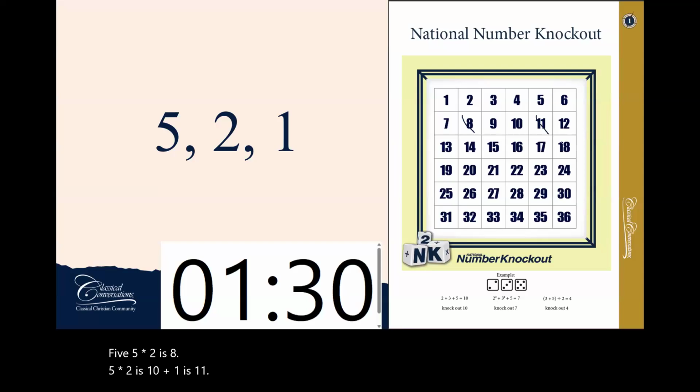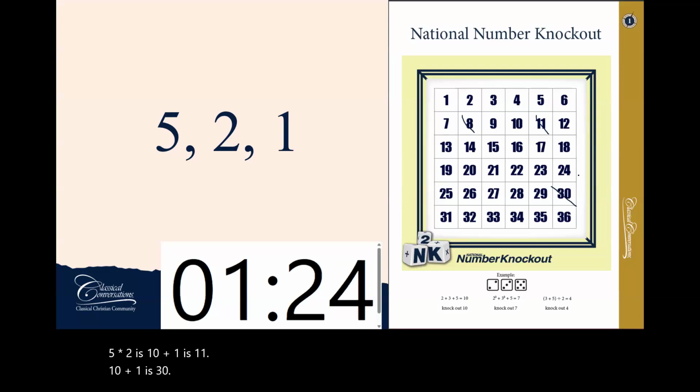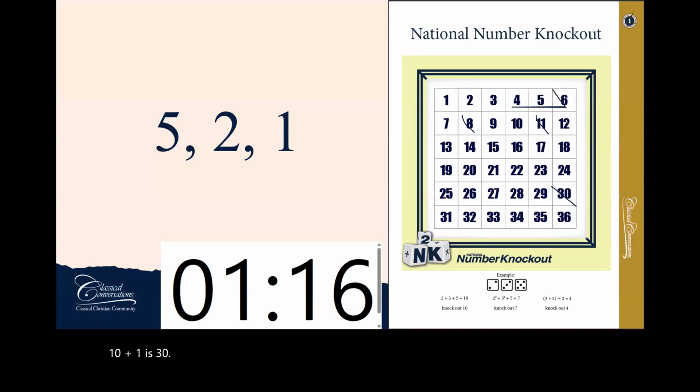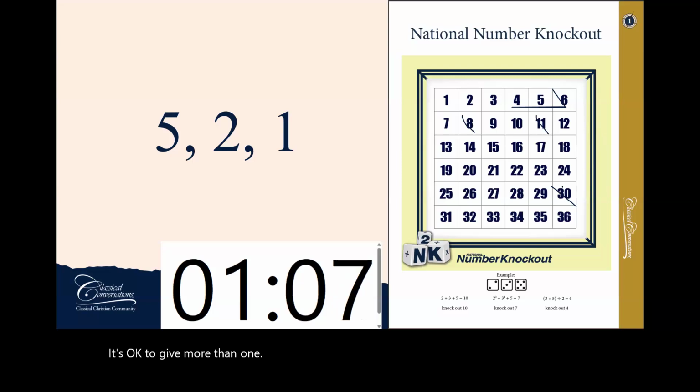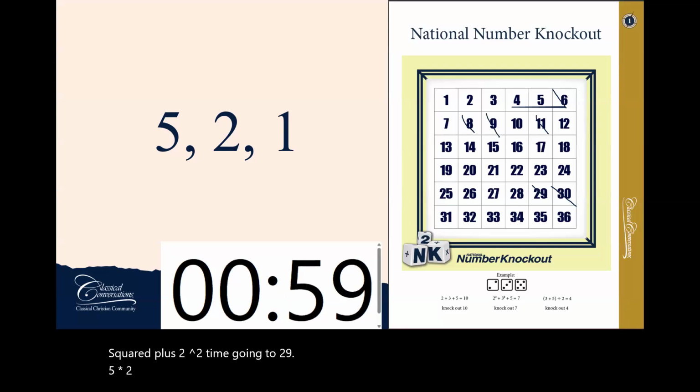5 squared plus 2 squared plus 1 is 30. It's okay to give more than 1. 5 squared plus 2 squared times 1 is 29. 5 times 2 minus 1 is 9. 5 squared plus 2 is 27, plus 1 is 28.